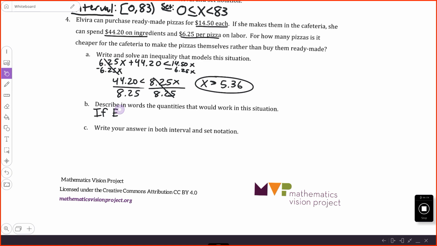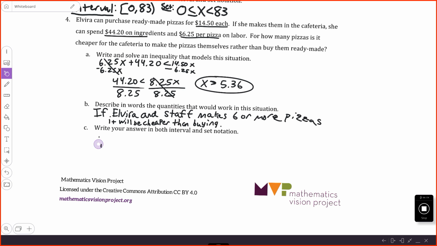If Elvira and staff make 6 or more pizzas, it will be cheaper than buying.